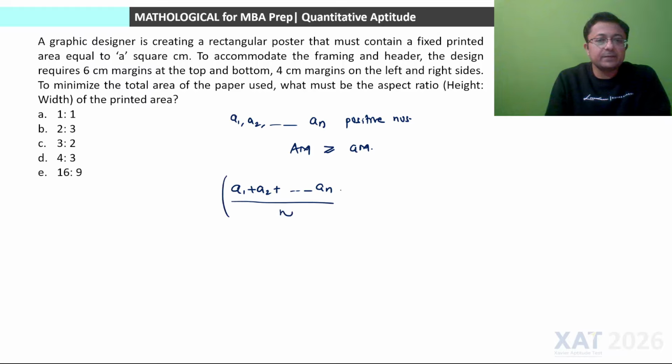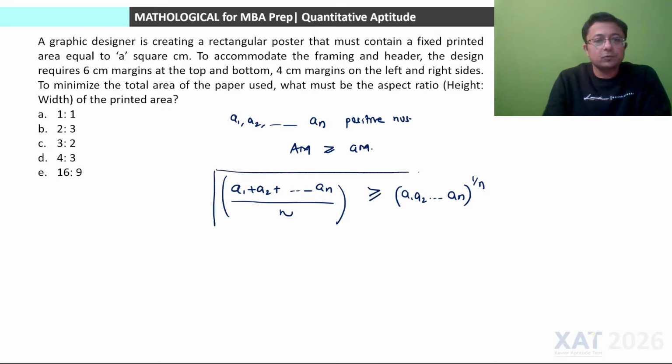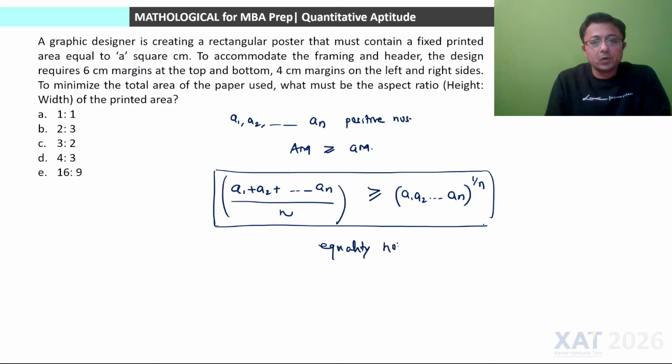And the geometric mean is the product of those numbers, a1, a2 till an, all multiplied together, to the power 1 by n. This relation will always hold true, and equality will hold only when all of them are equal: a1 is equal to a2, is equal to a3, is equal to an.